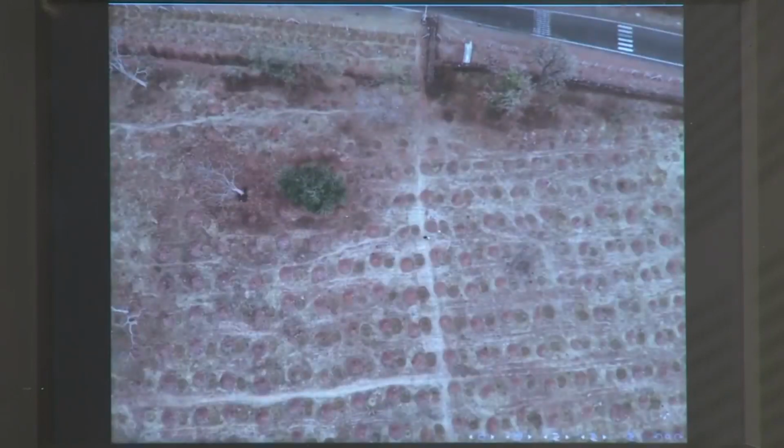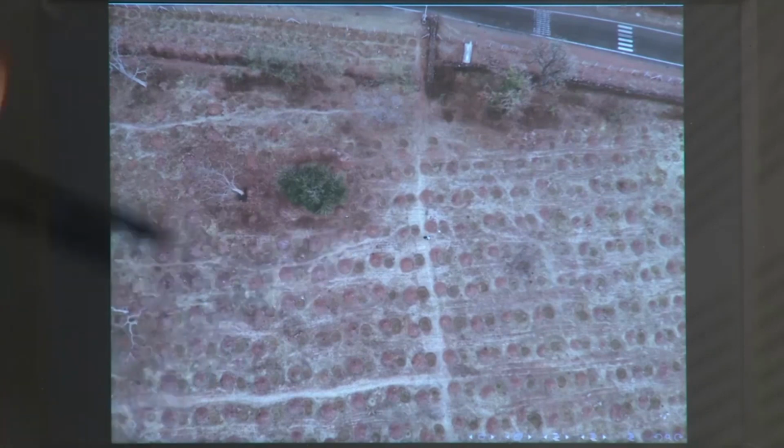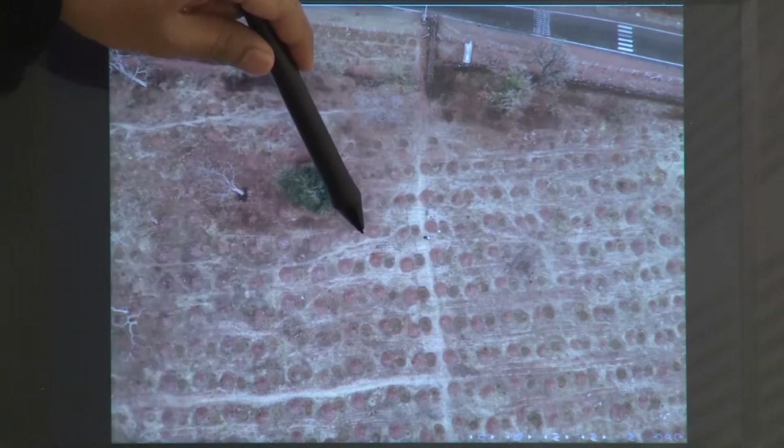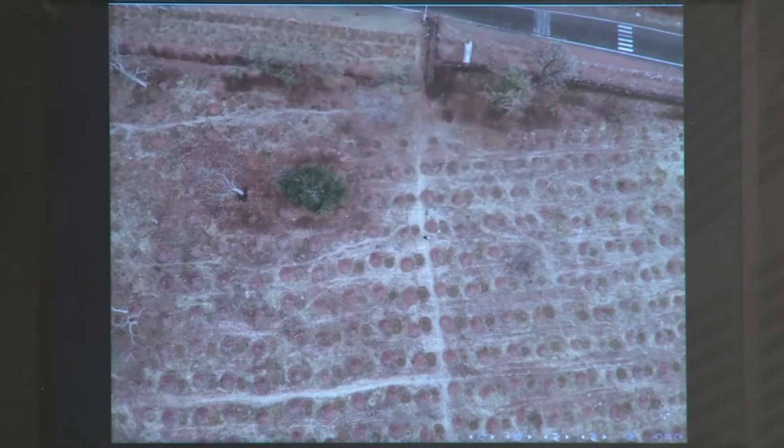Now, we can also make use of photogrammetry to make metric computations. So, for instance, in the case of this plantation, we can find out what is the distance between these different pits.